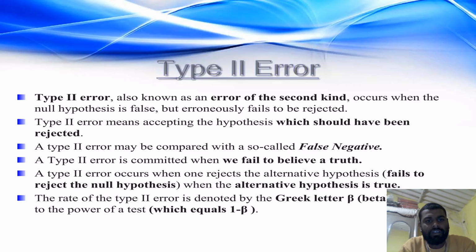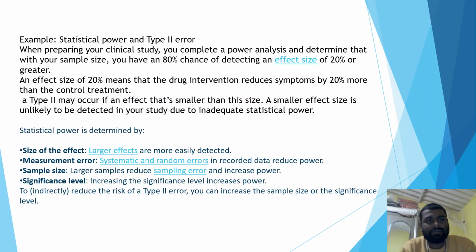The rate of type 2 error is denoted by the Greek letter beta, and the power of the test equals 1 minus beta. Example: statistical power and type 2 error.